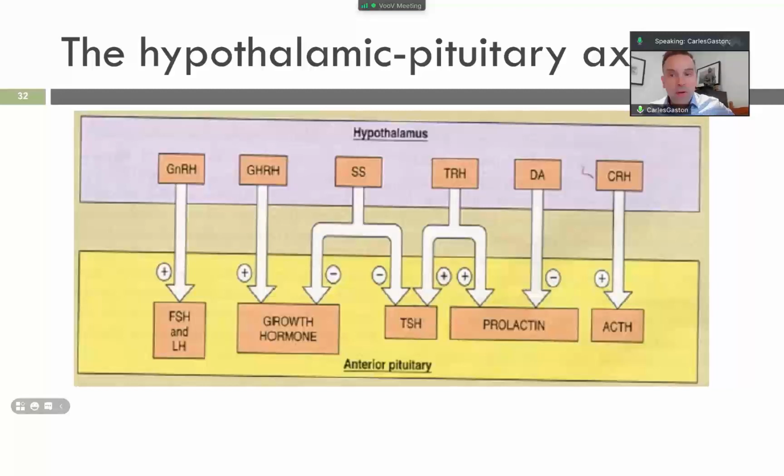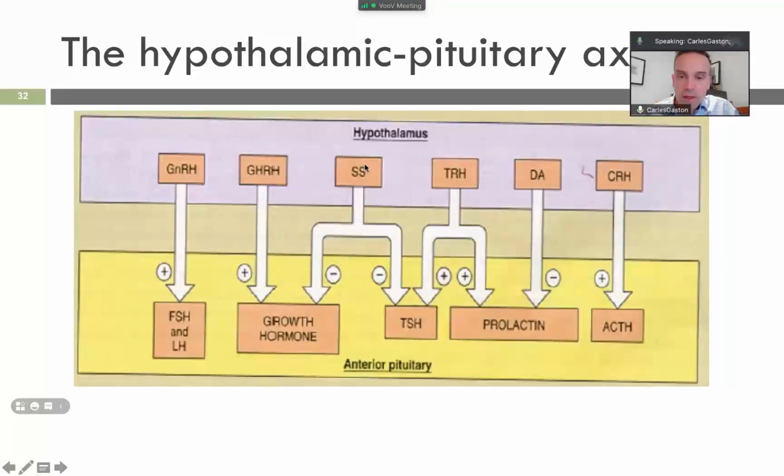For example, gonadotrophin releasing hormone activates the production of follicle-stimulating hormone and luteinizing hormone from the FSH and LH terminally differentiated cells, or gonadotropes. Growth hormone releasing hormone has a positive effect on the anterior pituitary to produce growth hormone from cells called somatotropes.